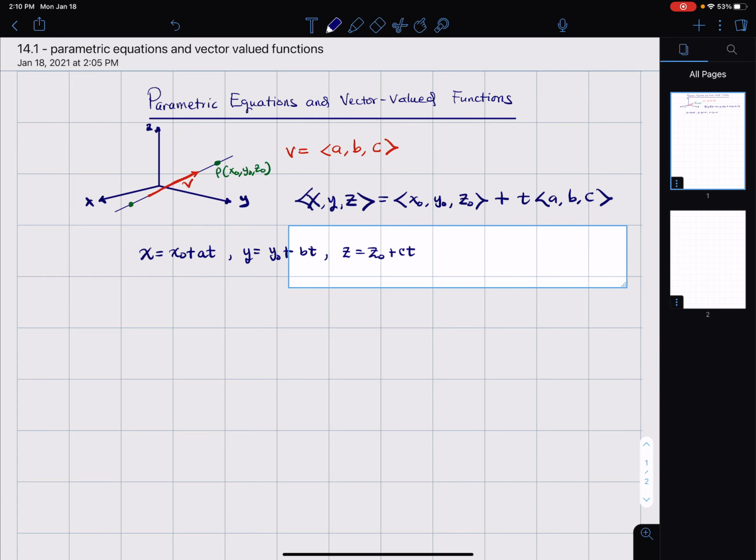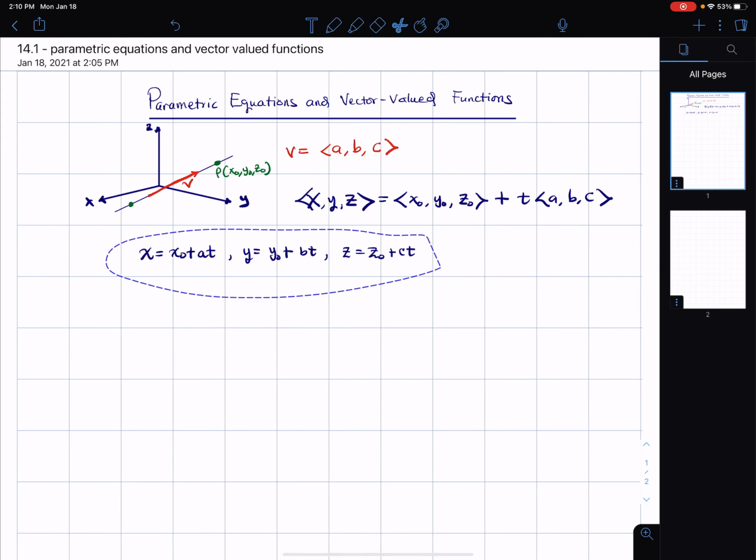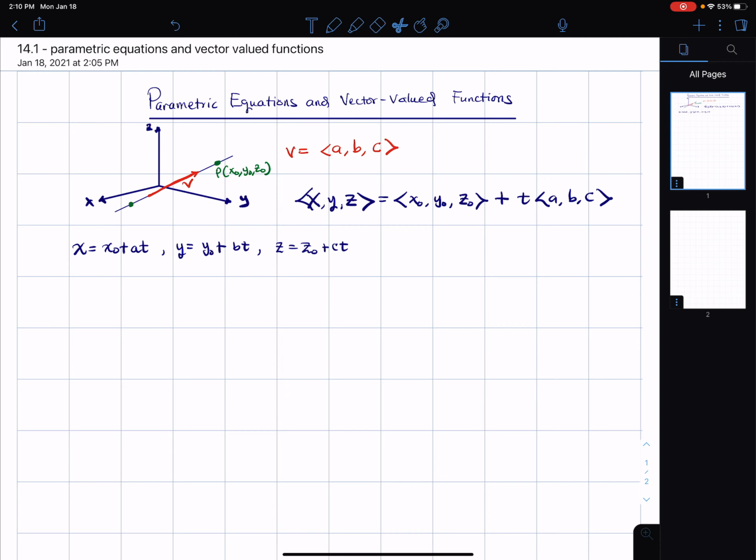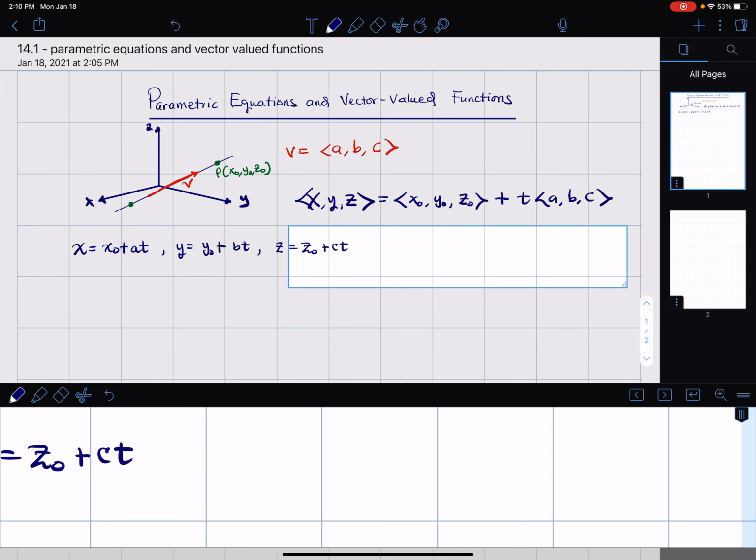Where t goes from negative infinity to infinity. Let's assume that this is an infinite line, not a line segment.